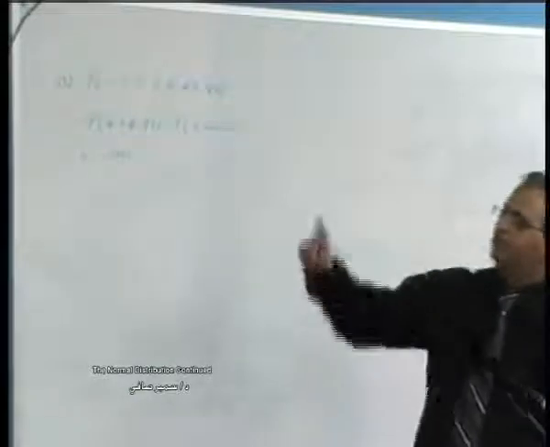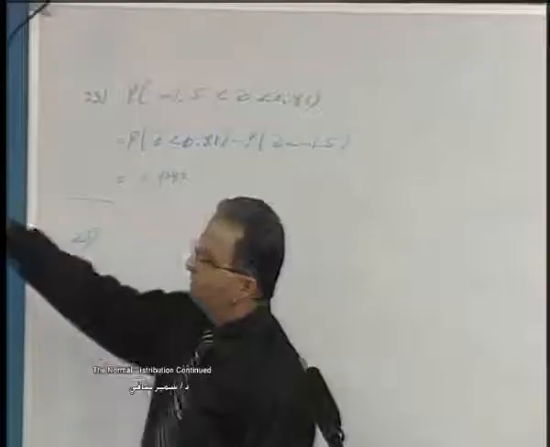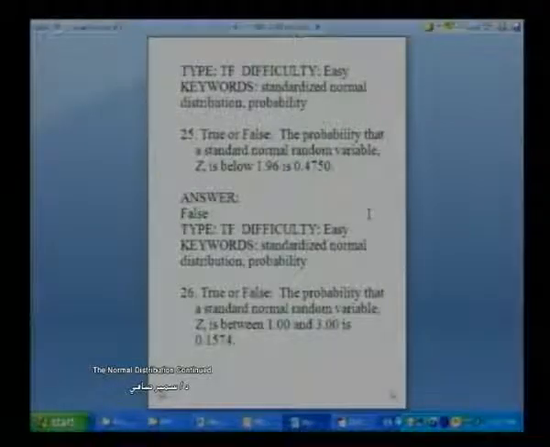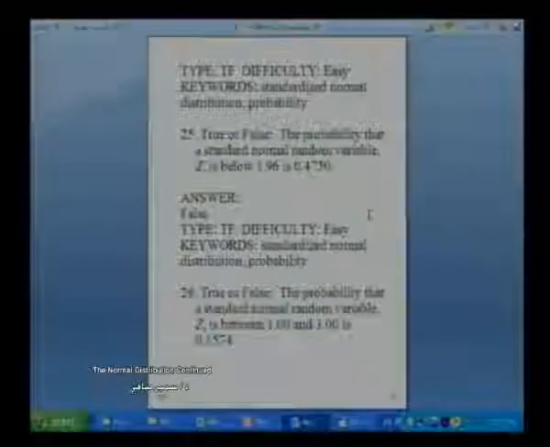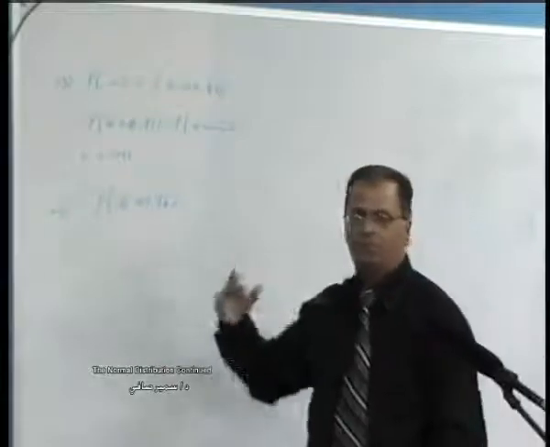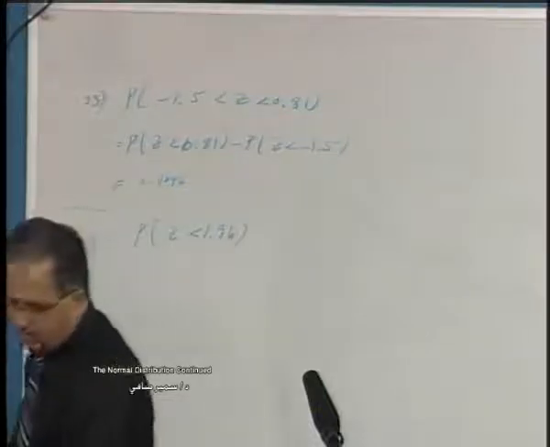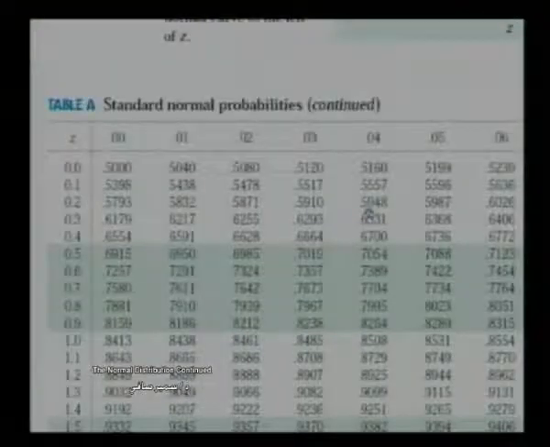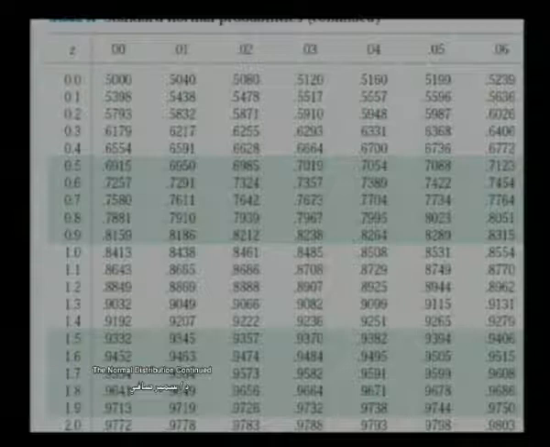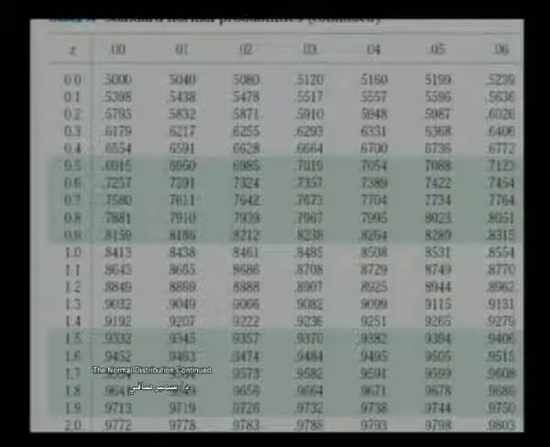And let's do one more, 25, for example. The probability that standard normal random variable Z is below 1.96. Now from the normal table, if we look at 1.96, the area below 1.96 is 0.975.